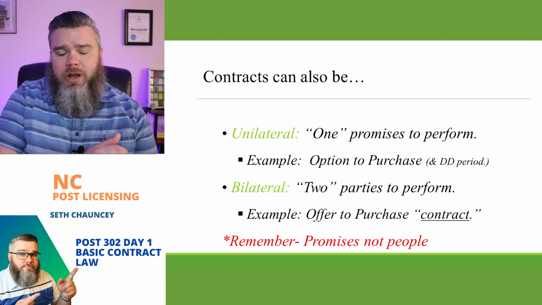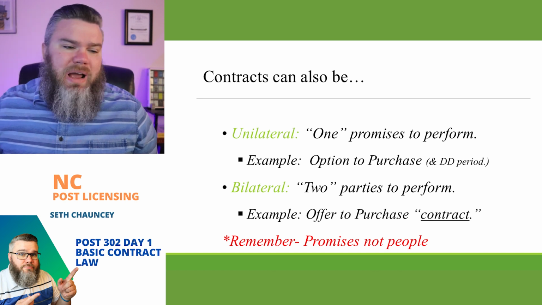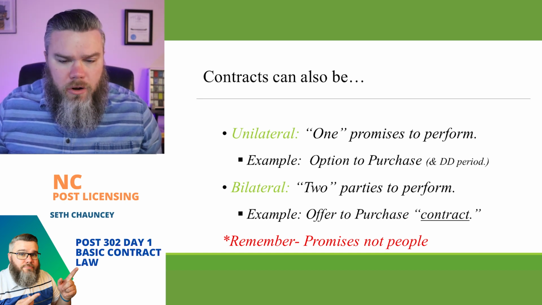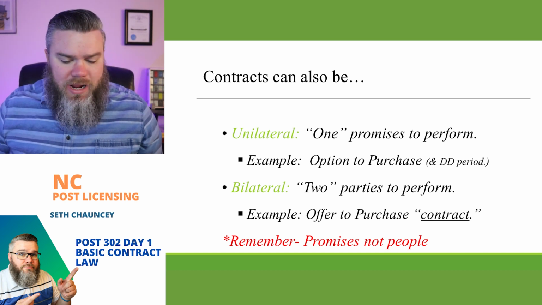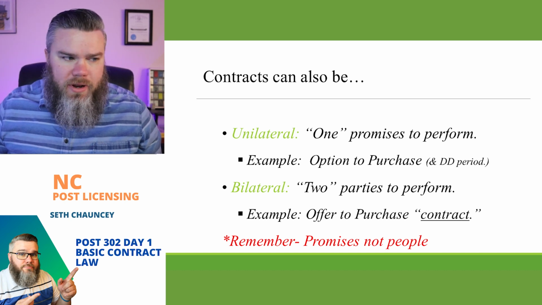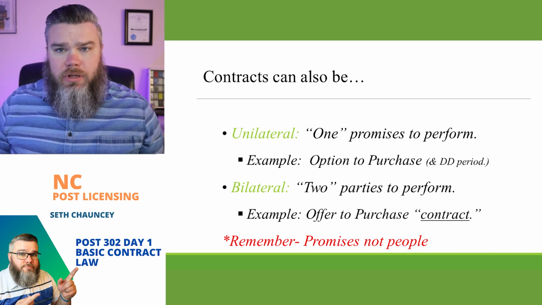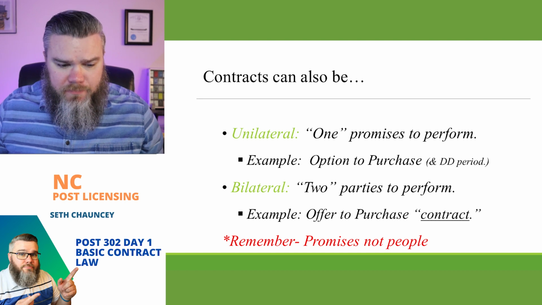Now, most other contracts are bilateral. Folks, we are talking about the fun-filled world of basic contract law and all the different things that a contract can be. And so we've used some of the vocabulary from pre-licensing already. We left off talking about unilateral versus bilateral, okay? Unilateral is one promise.